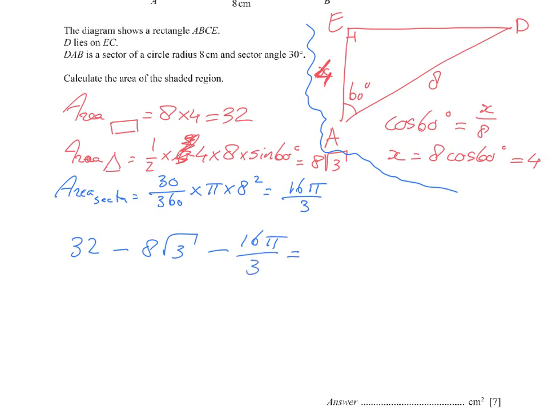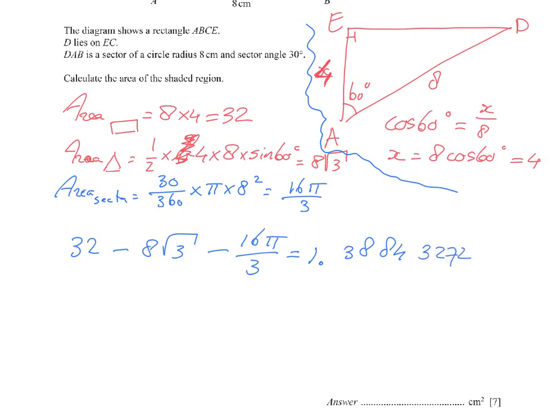So 32 minus 8 square root of 3 minus, sorry, I have to put it in my calculator properly. 16 pi, there we go, divided by 3 equals, and then my calculator tells me 1.3884372.